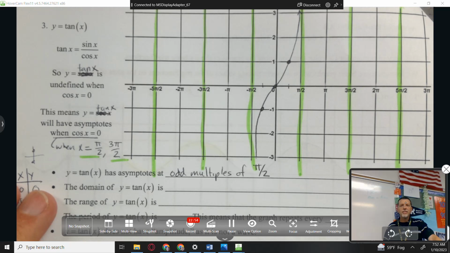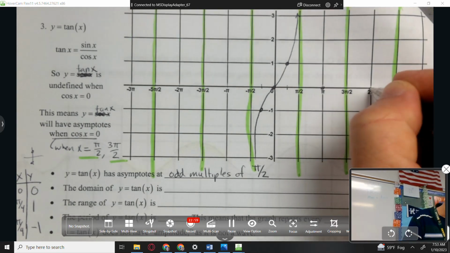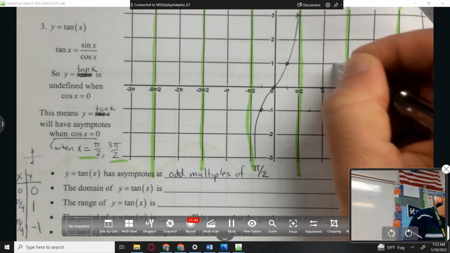And then, like the others, it repeats. So it does the same thing in the next window.